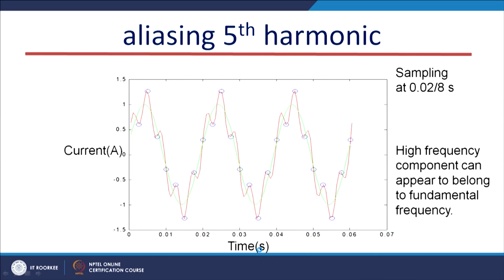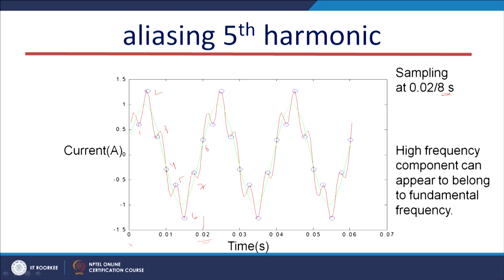If you take a fifth harmonic component which is merged with our fundamental frequency, and I am sampling at a rate of 8 samples per cycle, these are the samples we have taken: 1, 2, 3, 4, 5, 6, 7, 8. Here our cycle ends, 0.02 second means 1 cycle.